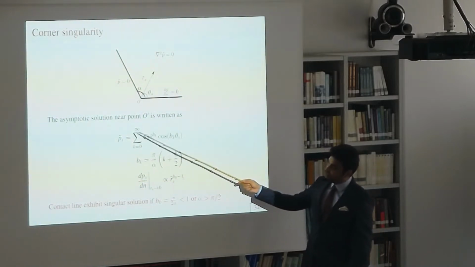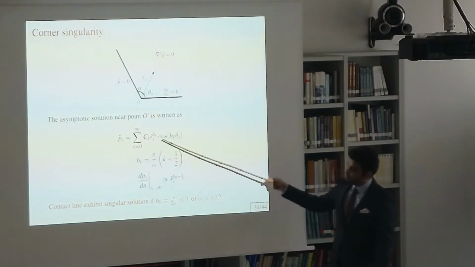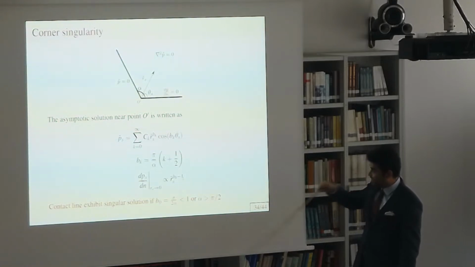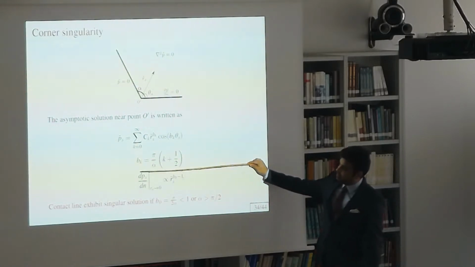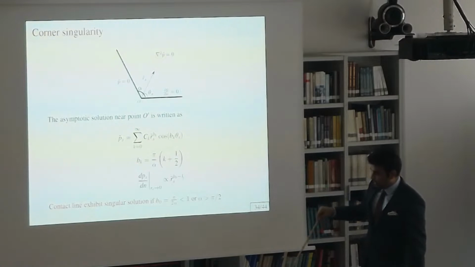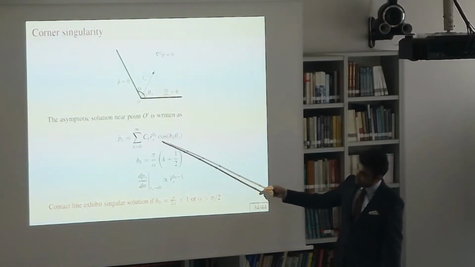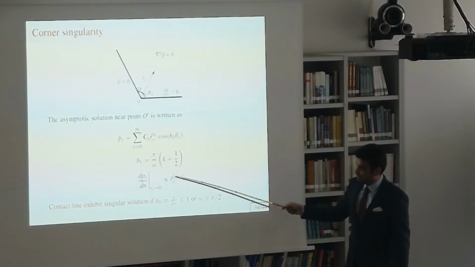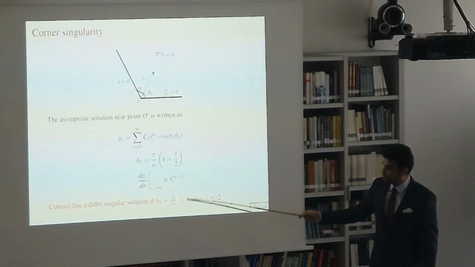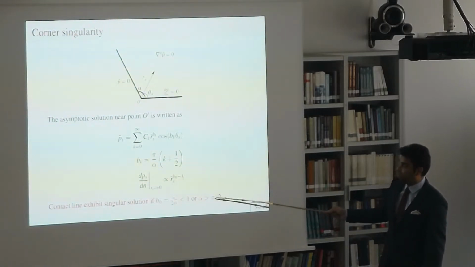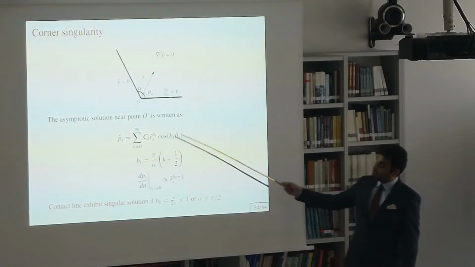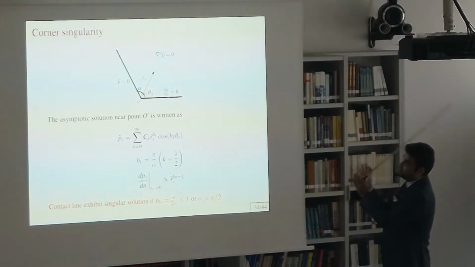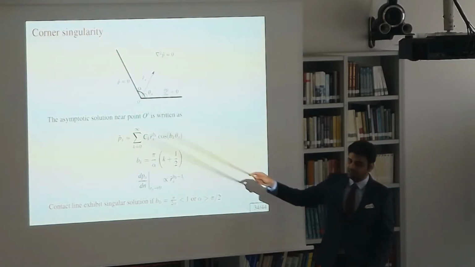Here we used this particular solution, which is a series solution with exponent given by this formula, and we see that the first term of this series diverges when b0, the exponent for the 0th term, is smaller than 1, or the contact angle is larger than pi by 2. So this point is singular when we have an open angle, an angle which is larger than pi by 2.